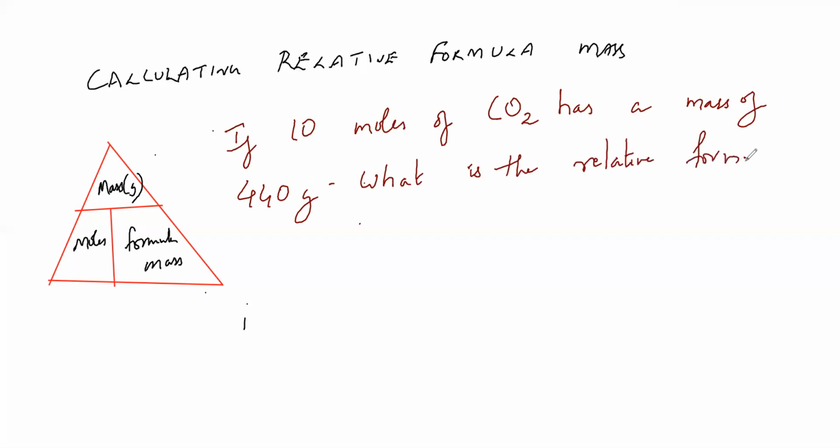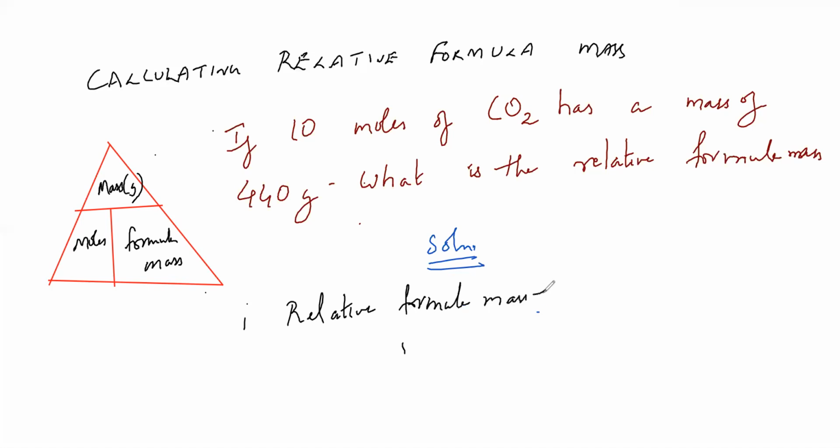Always remember the triangle. So first thing, even though we know the solution, relative formula mass is equal to, write down the formula. If you're seeing it for the first time, always write down the formula.